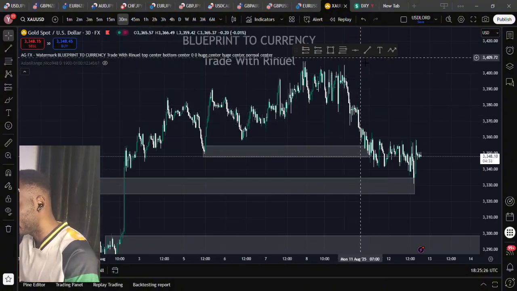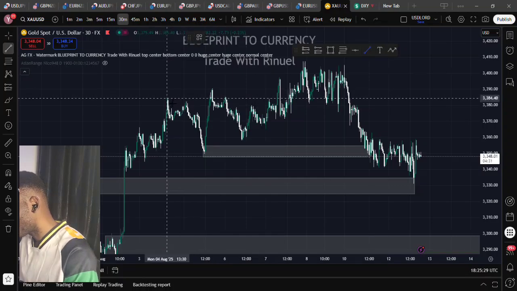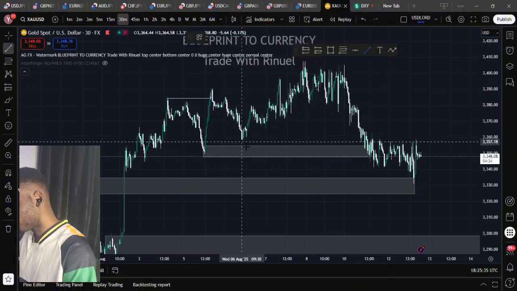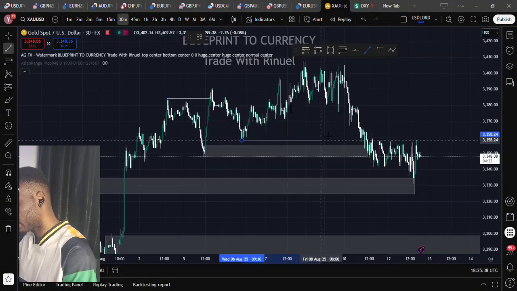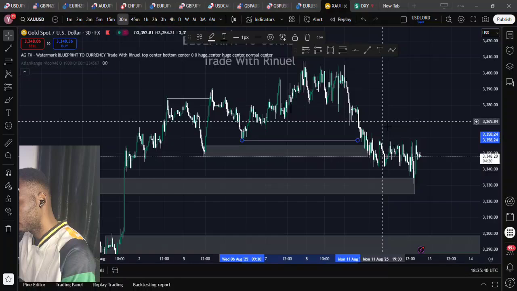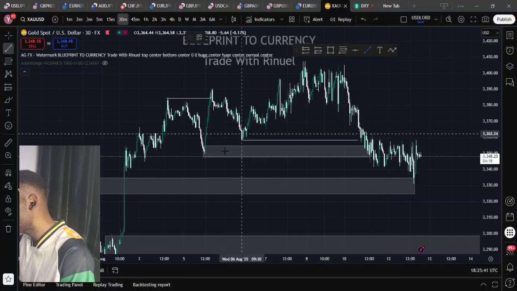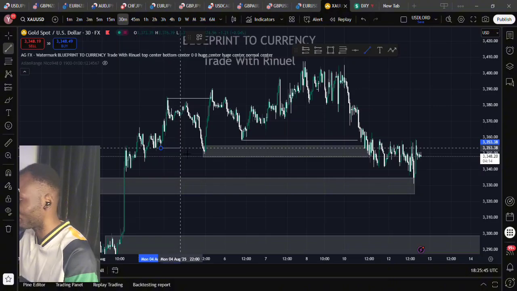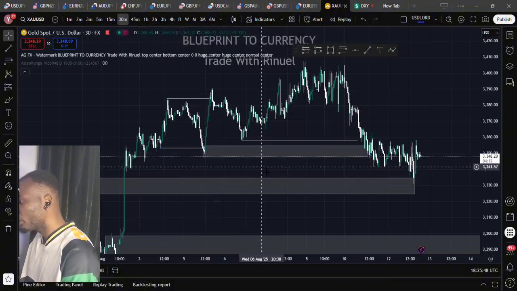So it followed my rule again. There was a break of structure here. There was an inducement here. Clean setup, right? There was a sweet liquidity sweep around here. So it was looking all good.